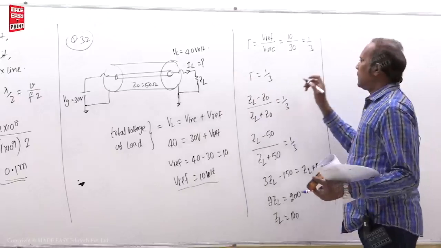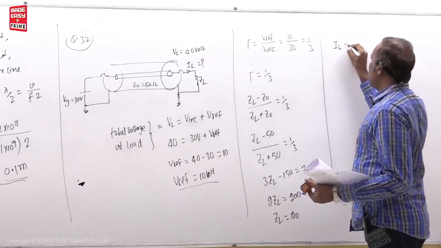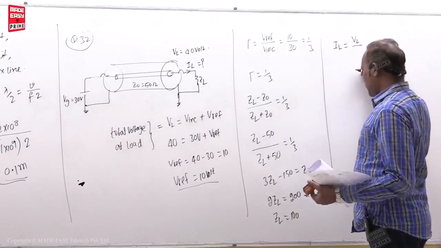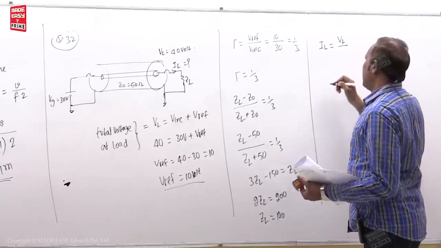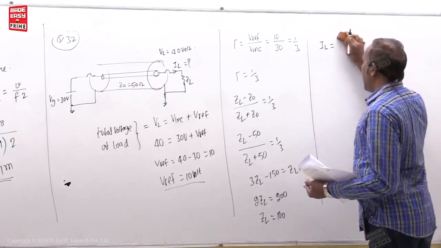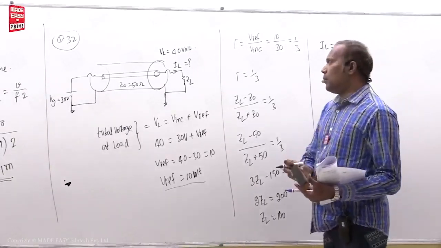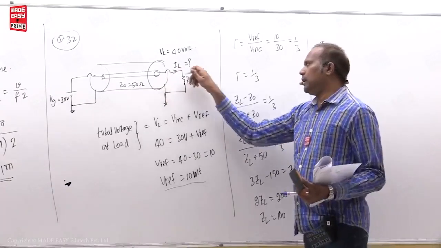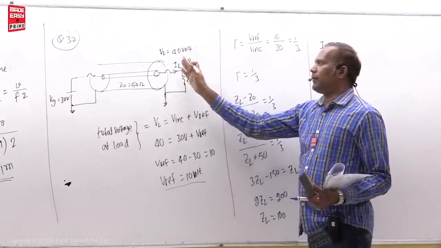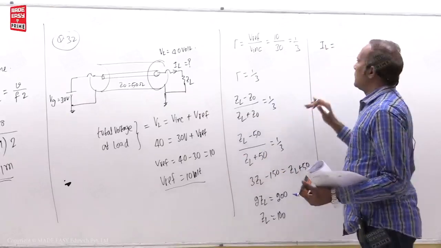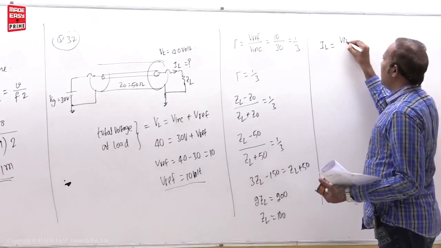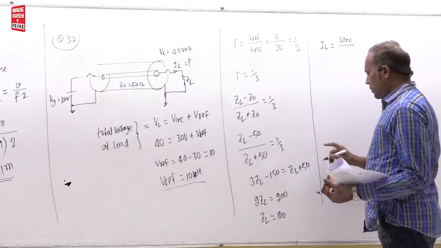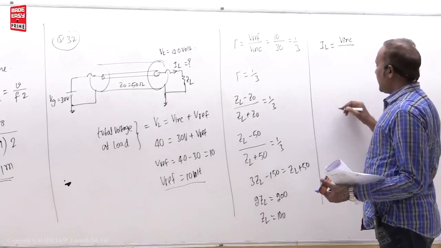Now you want load current. Load current is equal to voltage at load. It is like this. How much voltage is going into the load, that is what matters; the reflected part you should not take. So that means V incident divided by ZL.